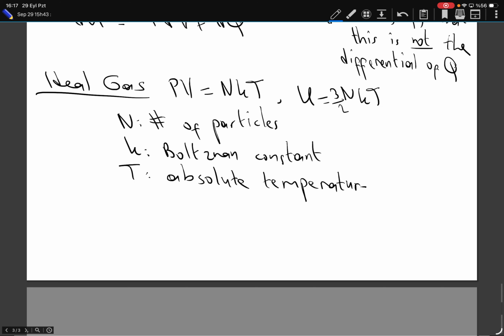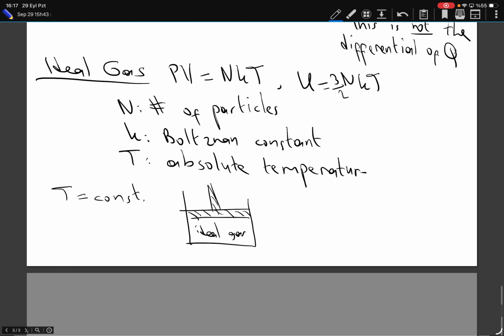Let's say that we look at a system with T equal to constant. And let's say that we have an ideal gas, a piston with an ideal gas inside. Initially it has a volume V1, it is at a temperature T. And let's say that we let this gas expand.